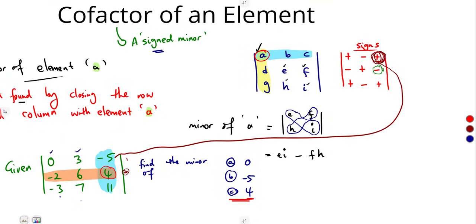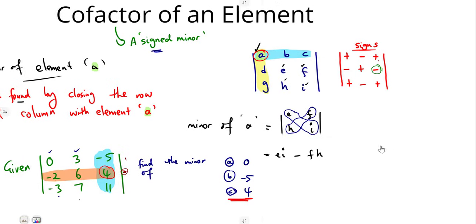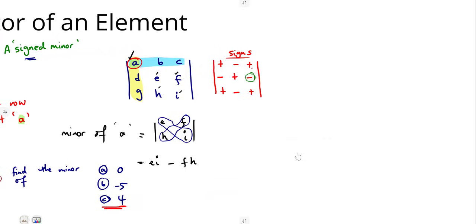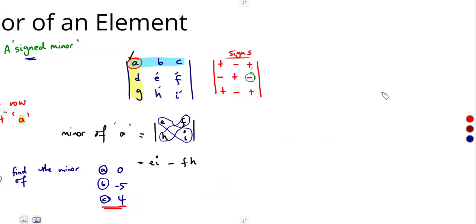So whatever answer you obtain for the minor of negative 5, you must multiply it by a positive to determine the cofactor of that negative 5. So that's it. A cofactor is from a minor. If you understand that, you're done. A cofactor is from what? A minor. That's why we simply said it's a signed minor.